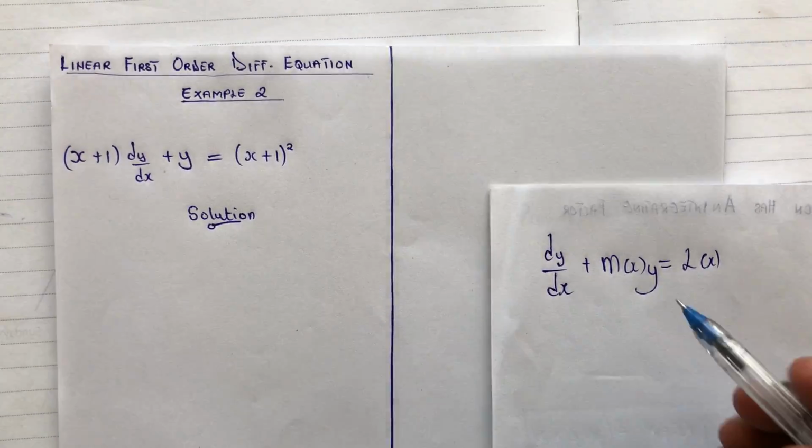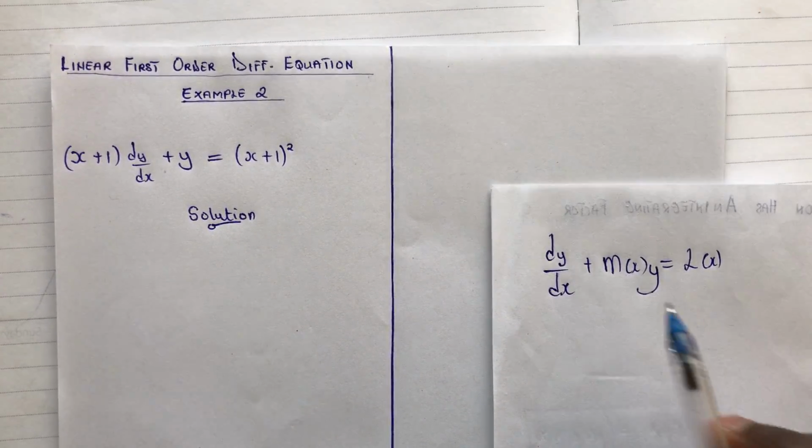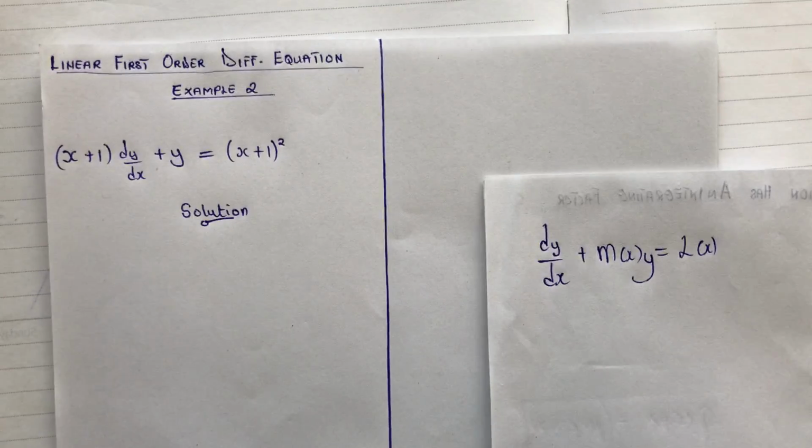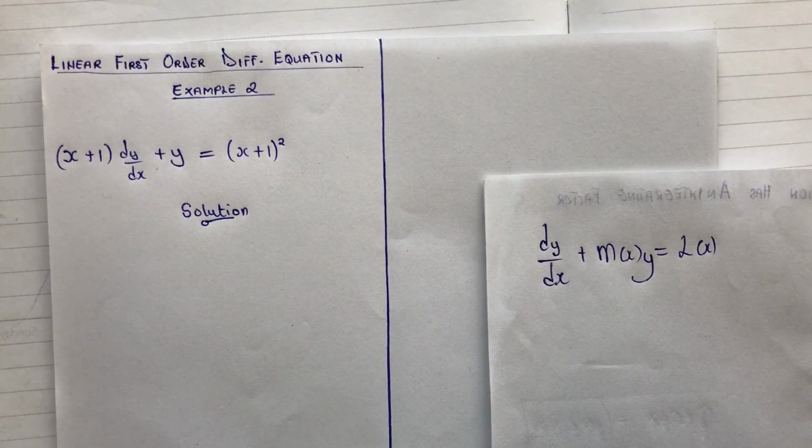All right, so the variable y and its derivative is first differential, so it's a first order linear differential equation. And then m of x and L of x, remember these are 2 separate functions in terms of the variable x alone. Put that in mind. So that was what we learned when we did the introduction.